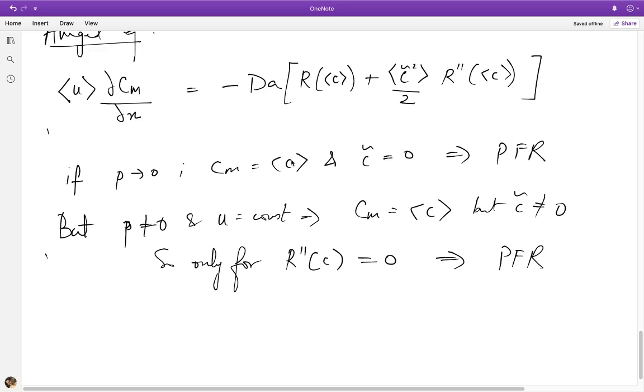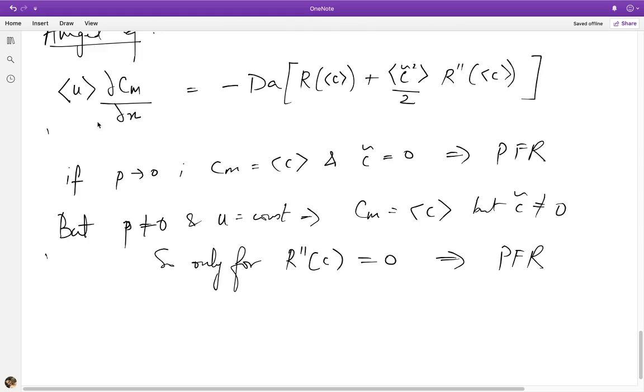The first is where you have perfect radial mixing and truly no concentration variations in the radial direction. Then a PFR model is appropriate for any reaction kinetics. If you do have concentration variations in the radial direction which are non-negligible, that means the axial Peclet number is not vanishingly small, but you have a plug flow profile as in an electro-osmotic type flow or a strongly turbulent flow, then you can say still that the cup-mixing average is the same as the cross-section average.